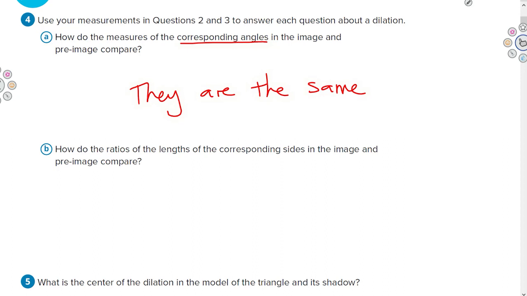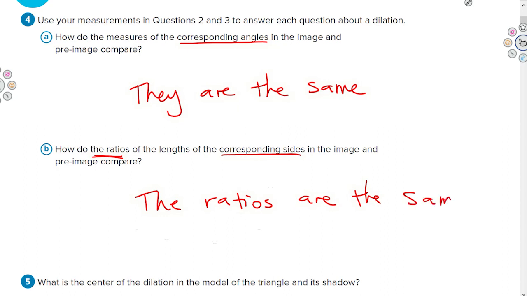How do the ratios of the lengths of the corresponding sides in the image and the pre-image compare? The ratios are the same. The side lengths are not preserved like a rigid motion, but the ratios will be the same.